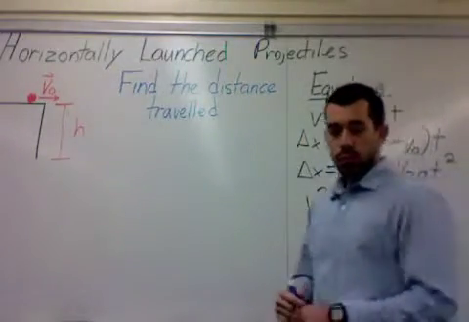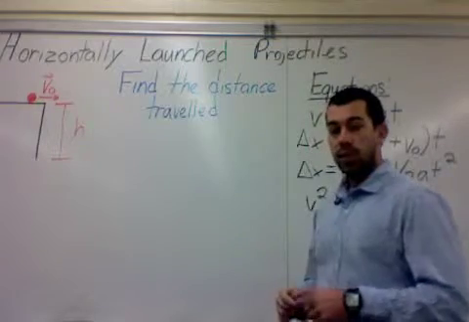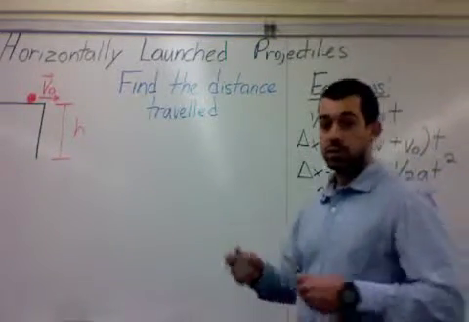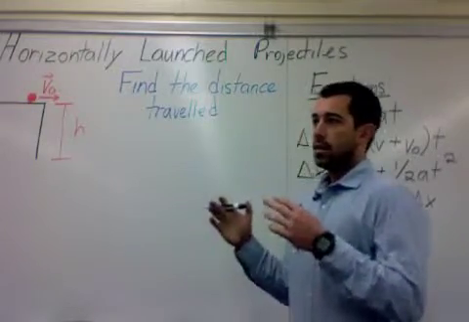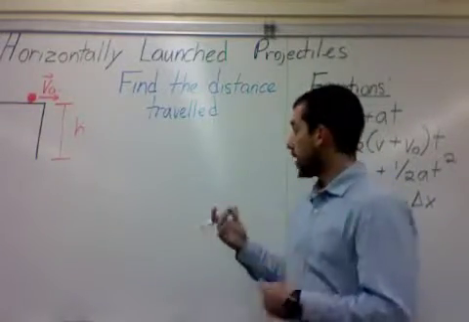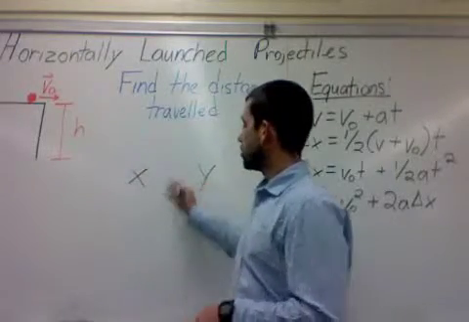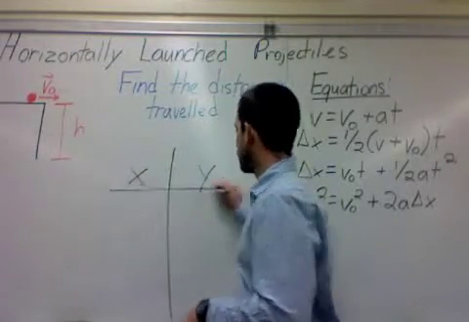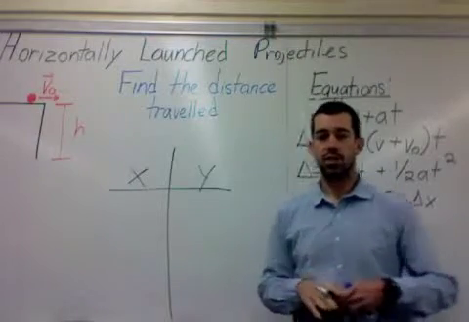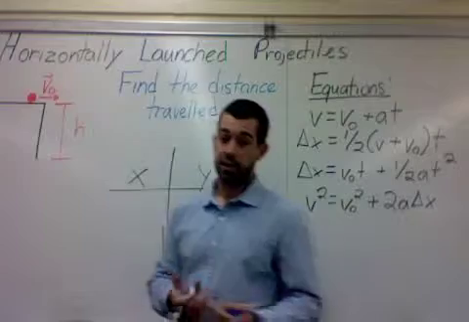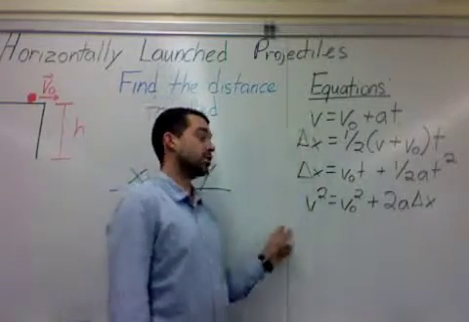Alright, so one of the first things that I like to do is draw out a chart, because this is a two-dimensional problem. We've got both the x and the y dimension that we need to worry about. So I like to make a little t-chart just to keep track of the different variables that we might have to worry about. Now when I talk about variables, I mean variables in these different equations right here.